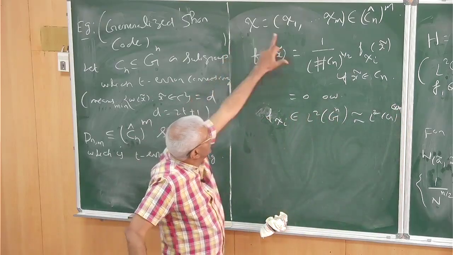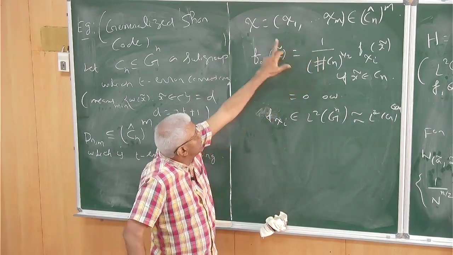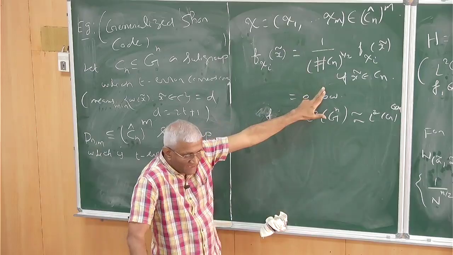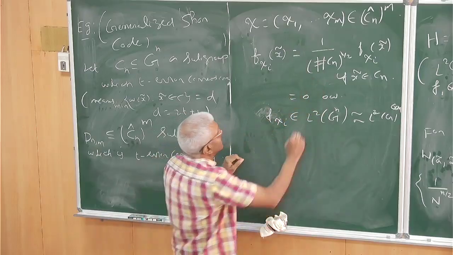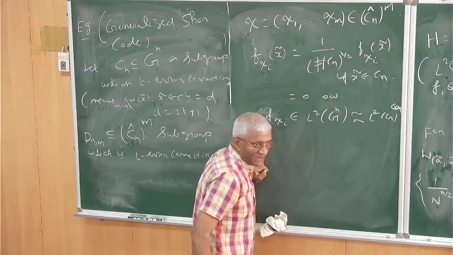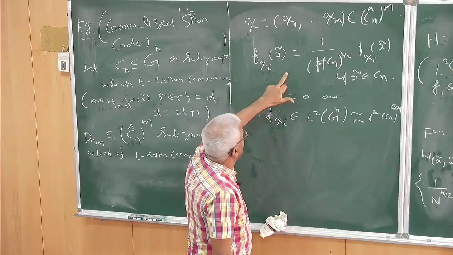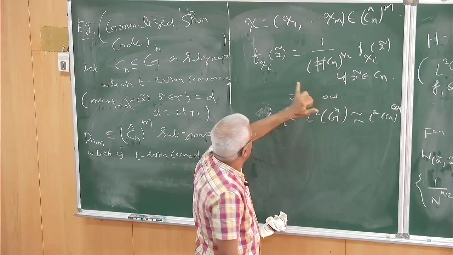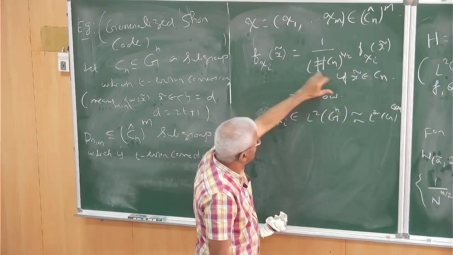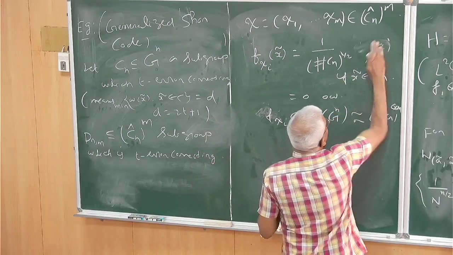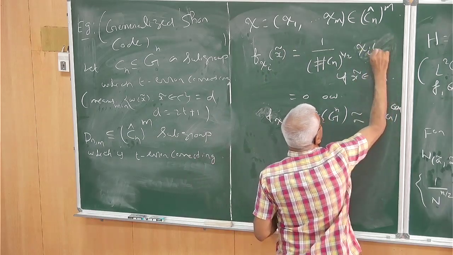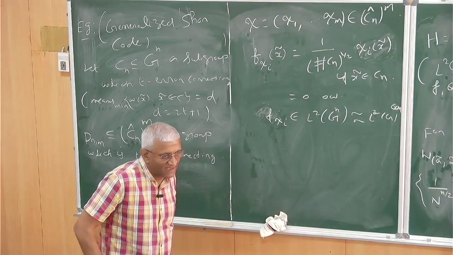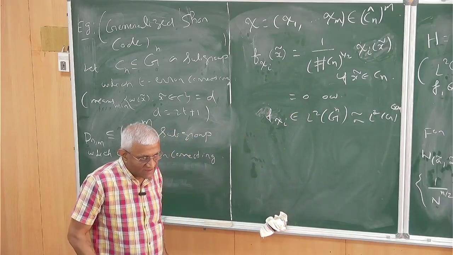You take chi equal to chi1 up to chi m. You take a chi I, where each chi I is in Cn hat, for I equal to 1 to m. And f chi I acting on any x tilde is just chi I of x tilde.